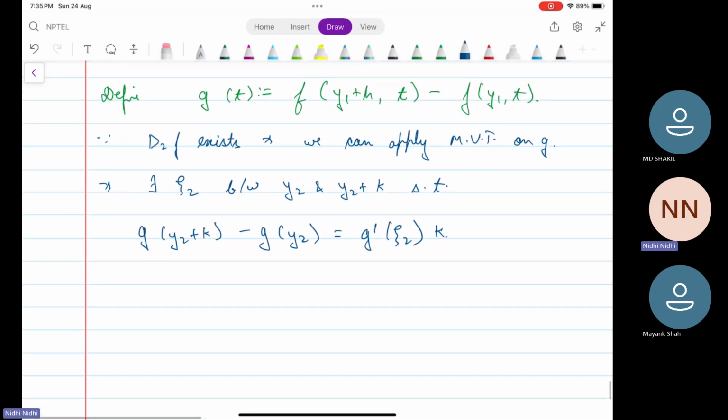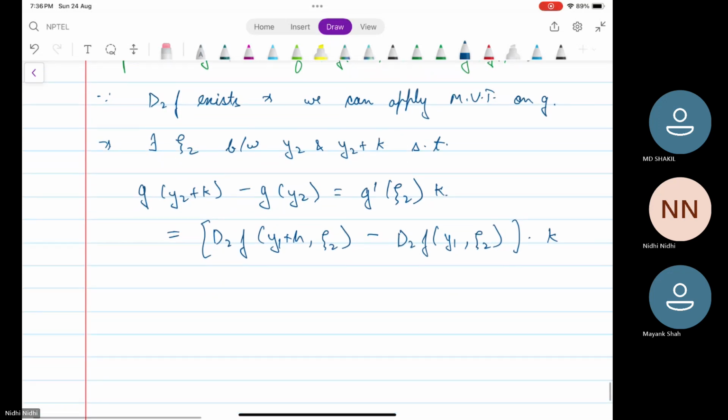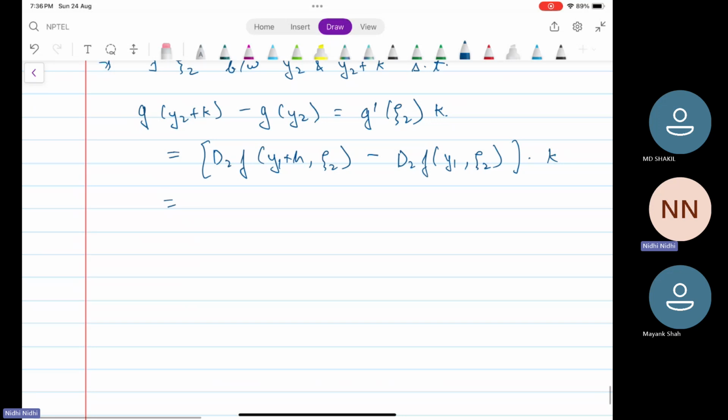Now g dash at zeta 2 is equal to d2 of f at (y1 plus h, zeta 2) minus d2 of f at (y1, zeta 2), times k. By linearity of the derivative operator, I can write it as d2 of f(y1 plus h, zeta 2) minus f(y1, zeta 2).